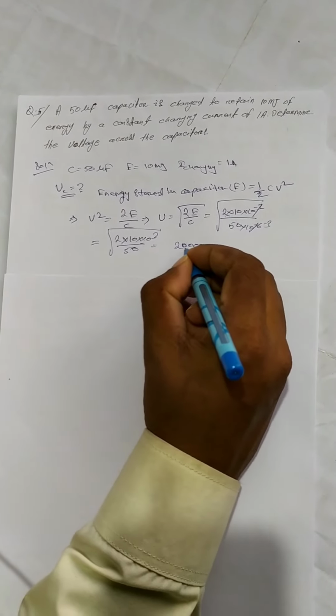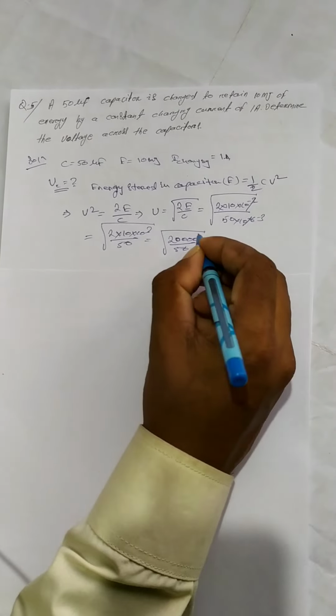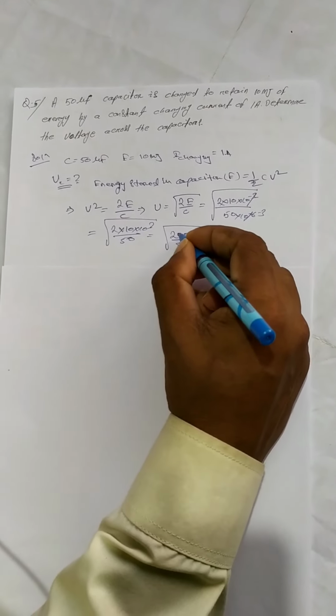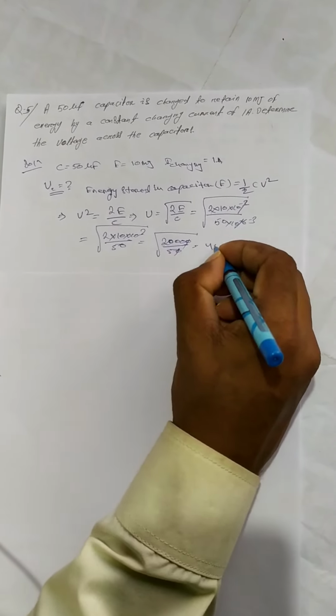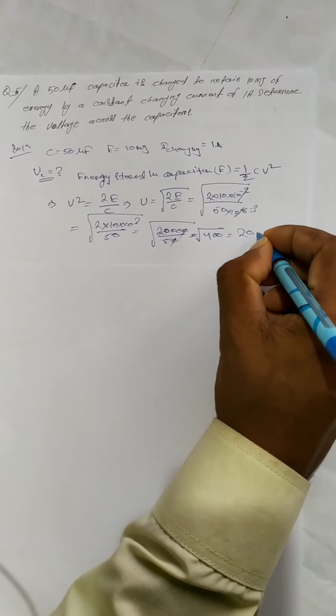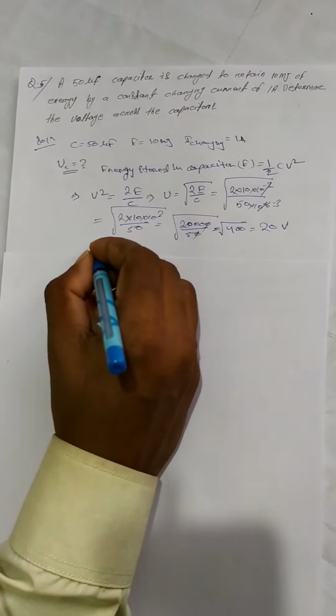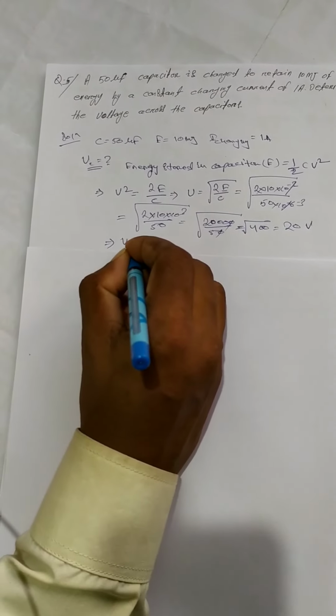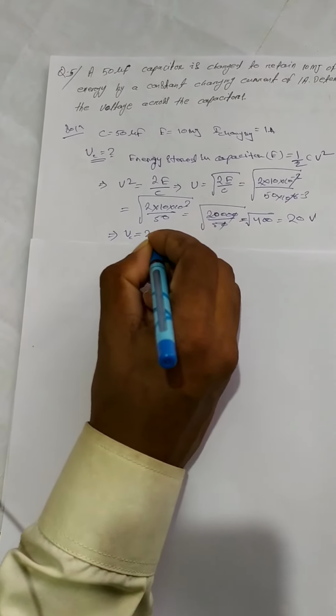When we cancel, which is equal to root over 400, root over of 400, which is equal to 20 volt. That means the voltage across VC is 20 volt.